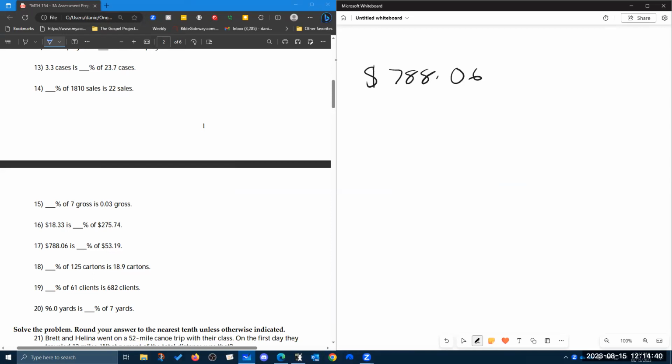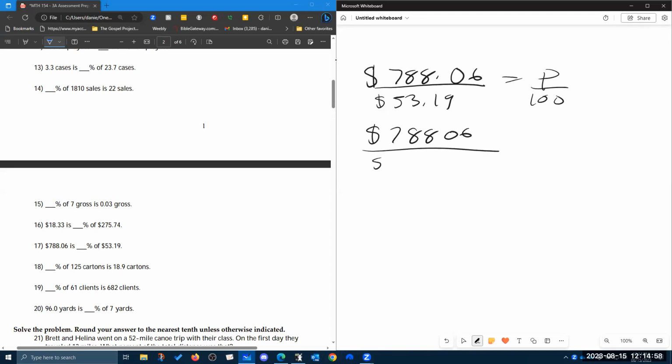788.06 is the percent of 5319. So 78806 divided by 5319.